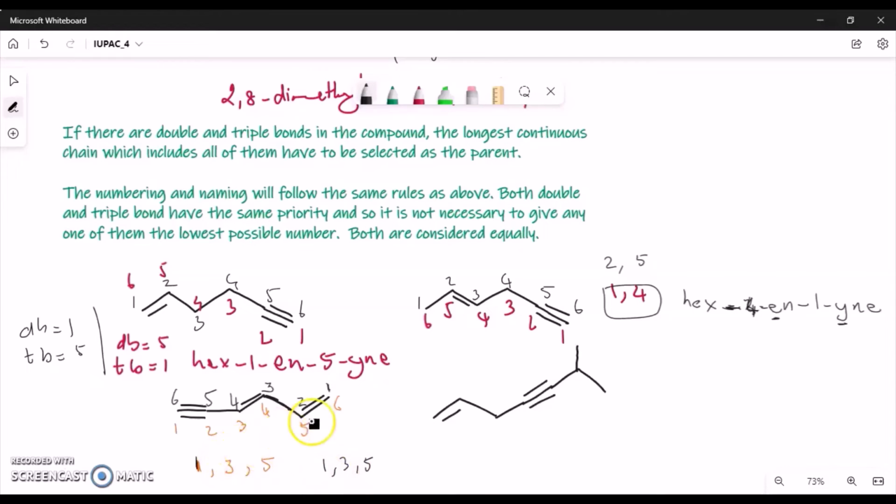In this case I will choose the black one because en is alphabetically before yne. So then we can write the numbers as well as the letters in the order of numbers.